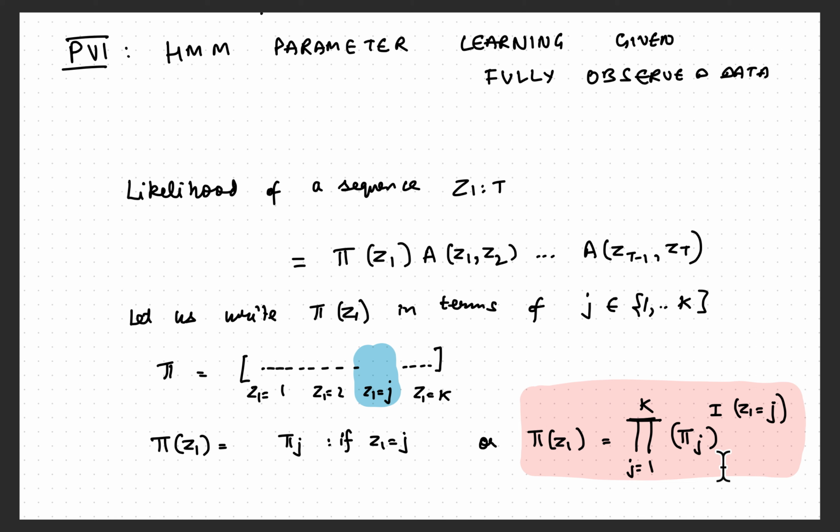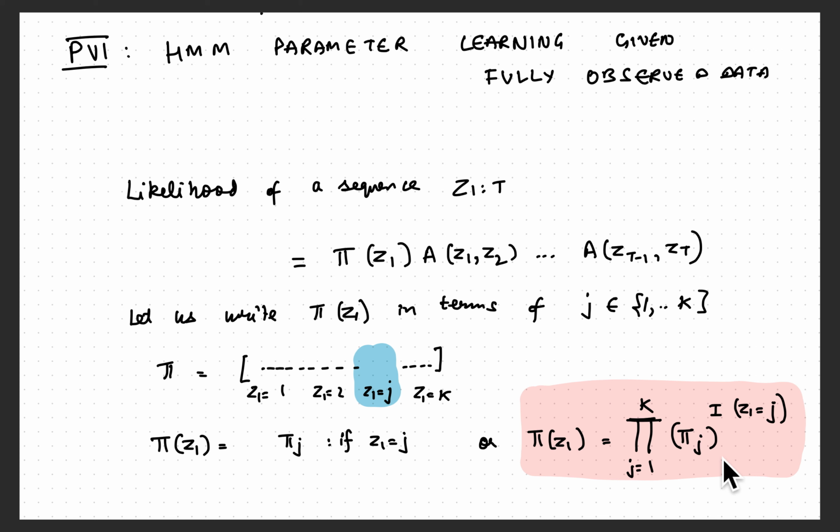So for all the other j's for which this returns a 0, you're only raising something to the power 0 and then taking a product over all these quantities. So all of those products would be 1 times pi j raised to power 1, where j is the actual state in which z1 is starting. Right? So this is a convenient way to write down this expression. We'll see later why this becomes a very useful way to write this expression.